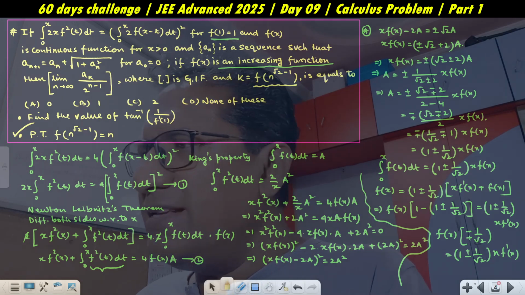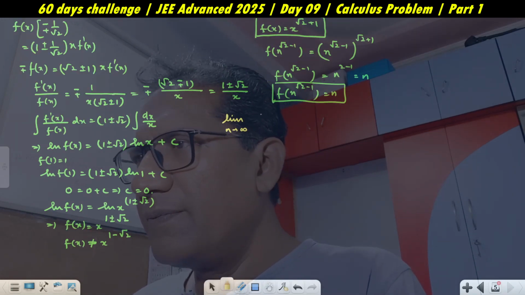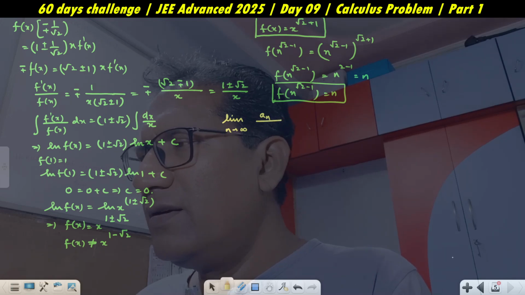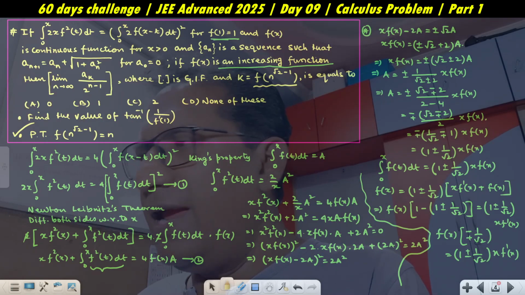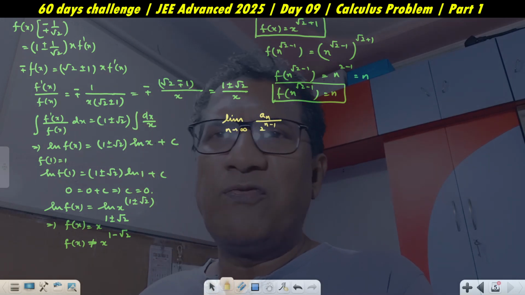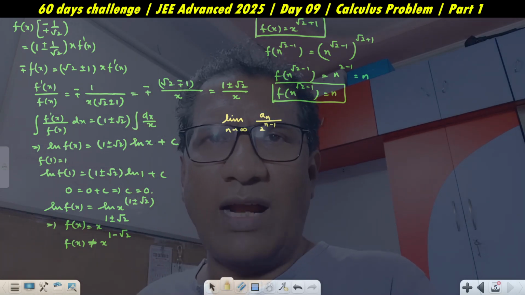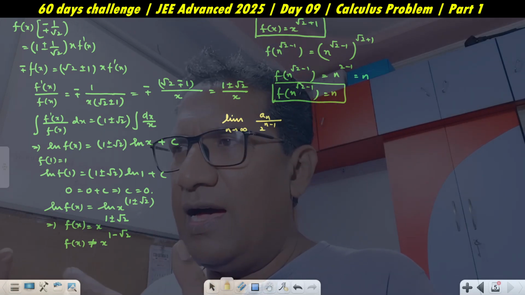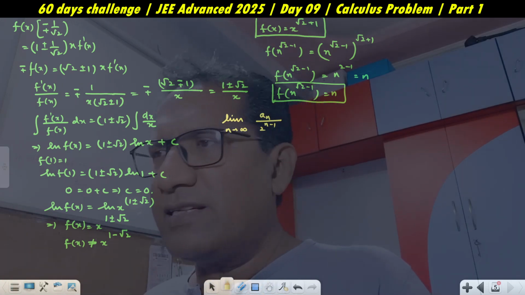Therefore, your a_k is same as your a_n, divided by 2 to the power n minus 1. Now we have to find out this limit, and we have to find out the greatest integer value of that limit.